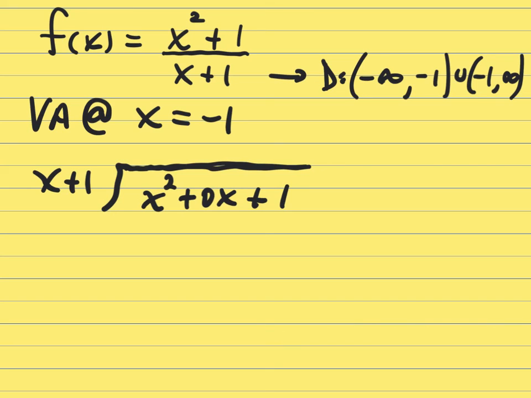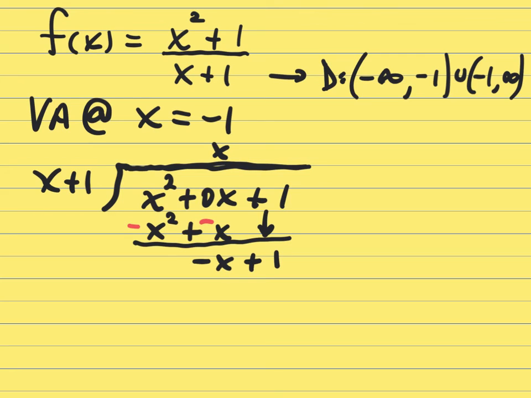Now let's long divide. X goes into x squared, x times x plus 1. Change your signs. The first column adds up to 0. The second column gives us negative x. That's 0 minus negative 1. Bring down the next term, plus 1. And then we take x from out here, divide it into negative x.